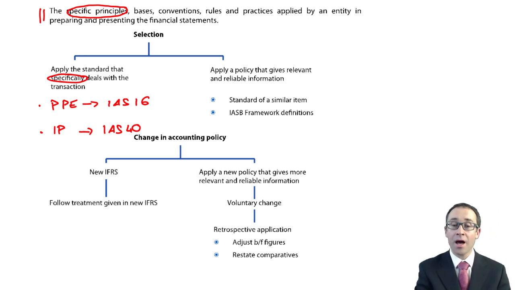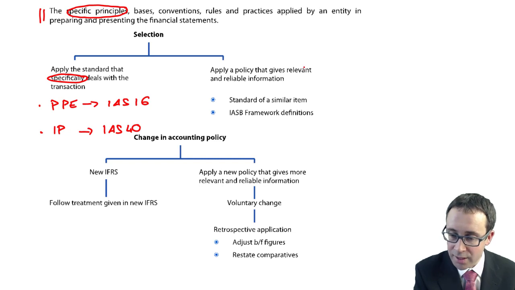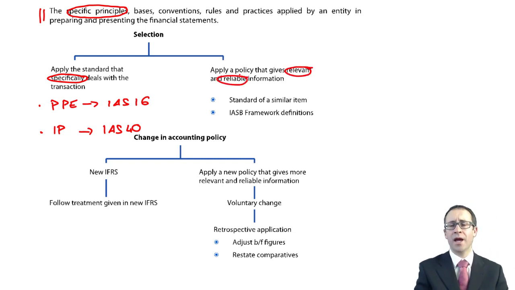If there is no specific standard, which, like we said in the framework chapter, is very, very rare, what you should do is select a policy that gives relevant and reliable information. Remember, we've seen the word relevant in the framework as one of the fundamental qualitative characteristics.